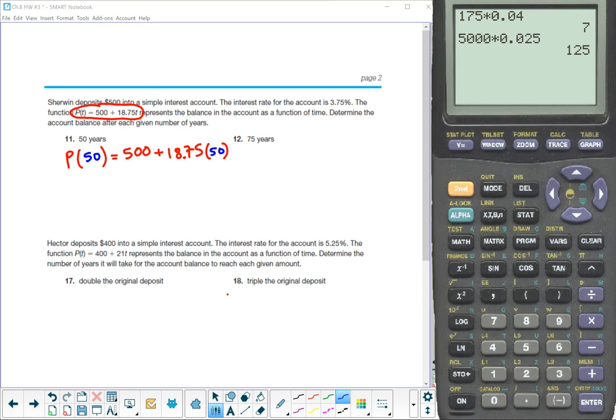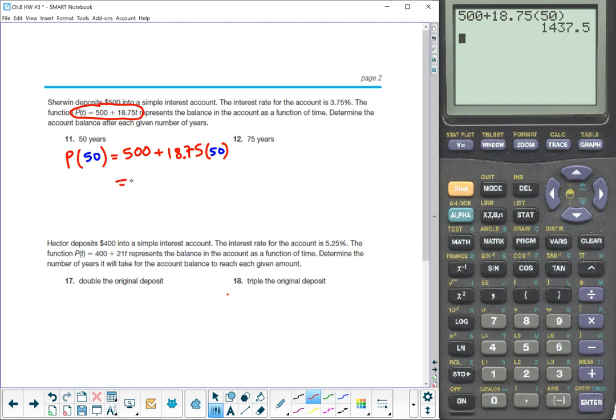This is just plugging it into a calculator: 500 plus 18.75 times 50. That's all you got to do, and you get a total of 1,437 and 50 cents.